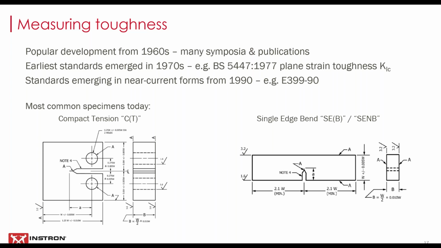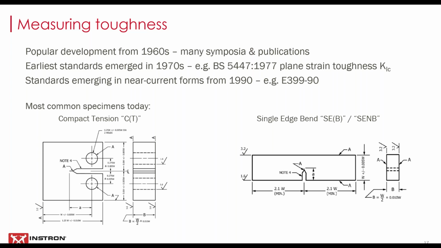Today, if you look at most common test specimens, you come down to two basic formats. Other ones were investigated and didn't really survive the evolutionary process. There are some other shapes used for particular material forms and special cases like pipes.